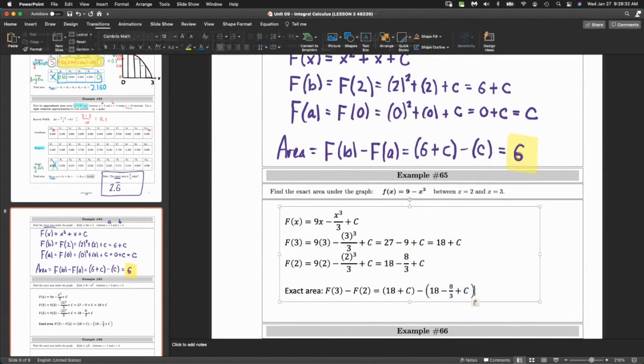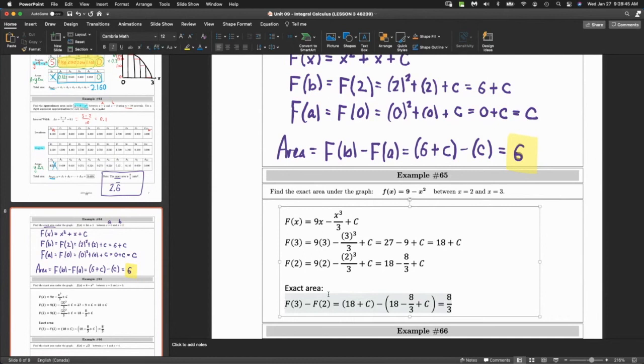Notice that the c's cancel. The c's will always cancel, or whatever constant that you use. And the answer is 8 over 3, as I mentioned earlier. So there it is, people. 8 over 3. So that was the answer that I reported here. If you can see it here in the side tab, that's the answer that I reported to you earlier and said, oh, that's the exact area. So now you see it here.